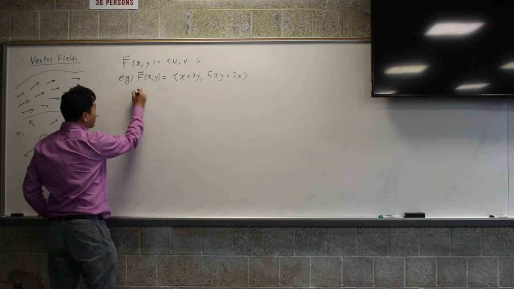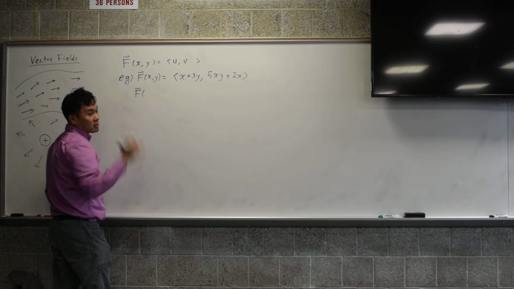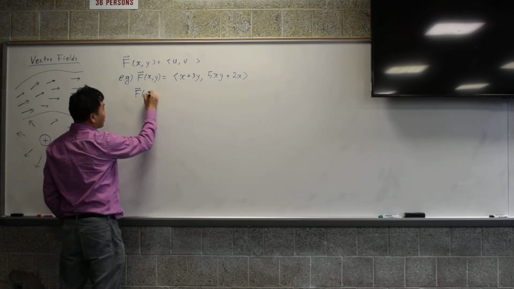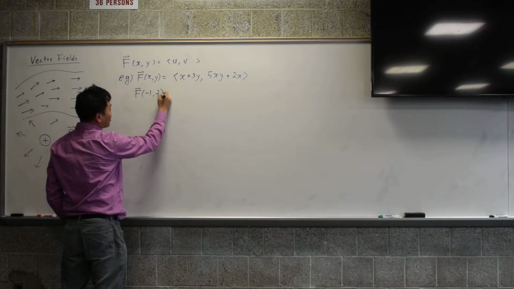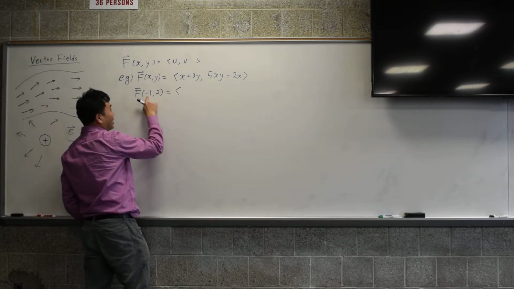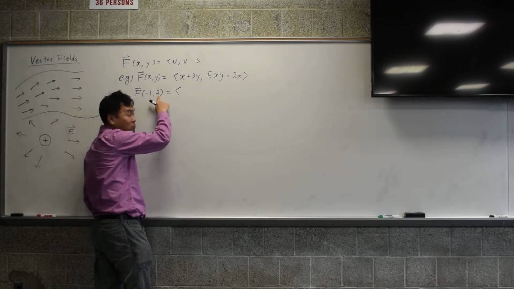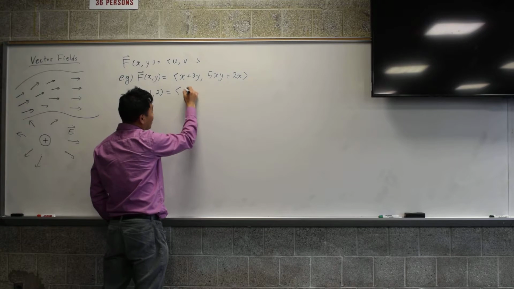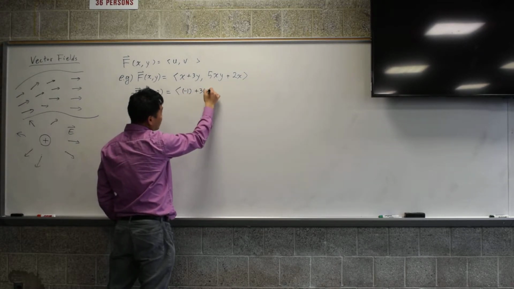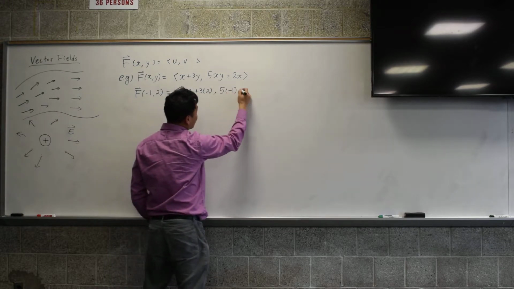If I plug in a position, so let's say I want to know for this given vector field, what's the vector at the location -1, 2. How would you do that? Well, it means that any x has to be replaced by -1 and any y should be replaced by 2. So this x is replaced by -1. That y is replaced by 2. Here's an x, put -1 there.